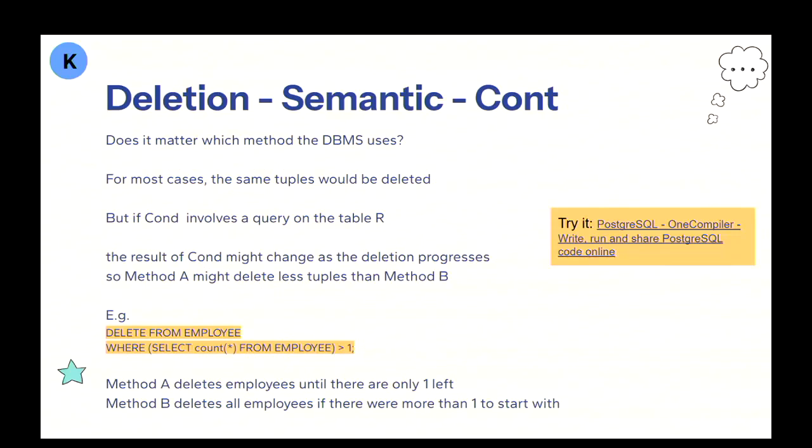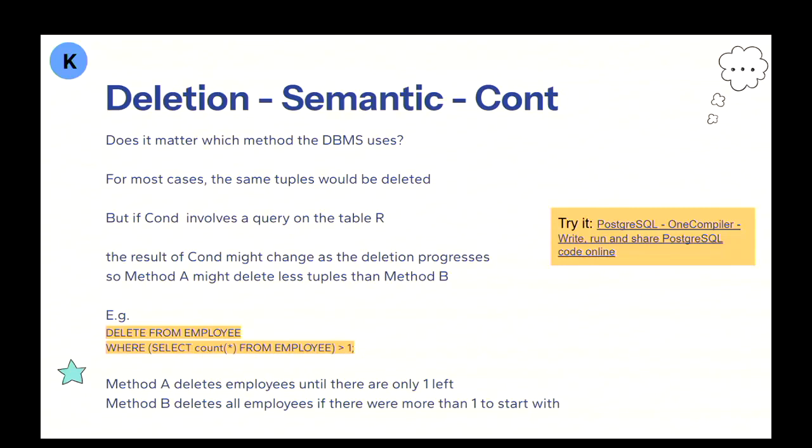But there are differences between these two methods. Actually, in most cases, they do the same thing. You may think, okay, it doesn't matter if I just drop it on the go or drop it entirely after I have grabbed all the matching tuples. What's the difference here? So here is an example. Sometimes we could have subqueries in the where condition.